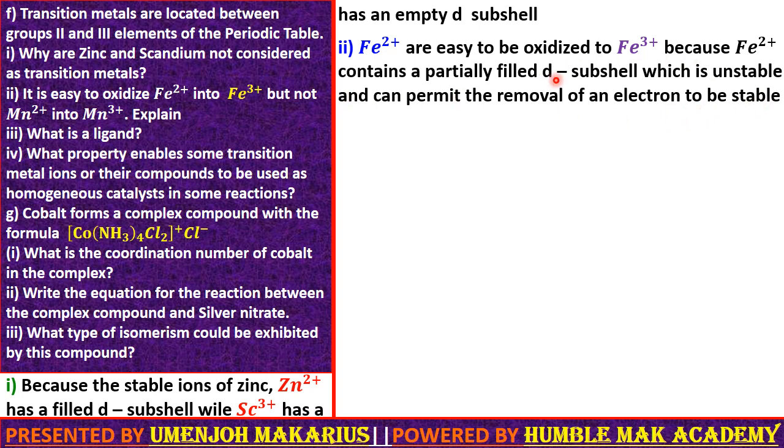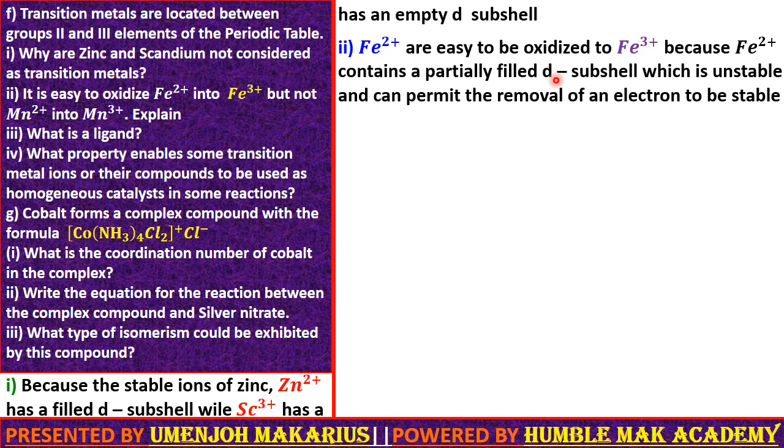So guys, note that half-filled orbitals are more stable than partially filled orbitals. In this case, Fe2+ ions have a partially filled orbital, and so it is unstable, and it reacts readily with anything that makes it attain Fe3+ and become stable.